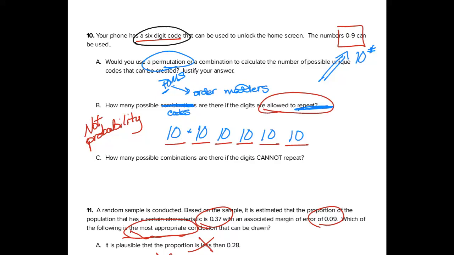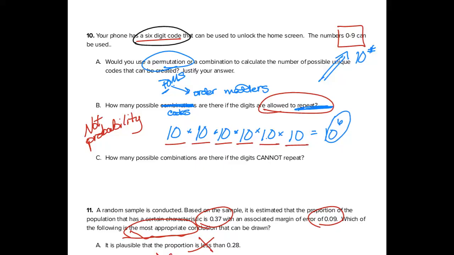So if I multiply these all together, 1, 2, 3, 4, 5, 6. That is 10 to the 6th power. That means you are multiplying 10 6 times. And this also tells you how many zeros you have when you use 10 to some power.